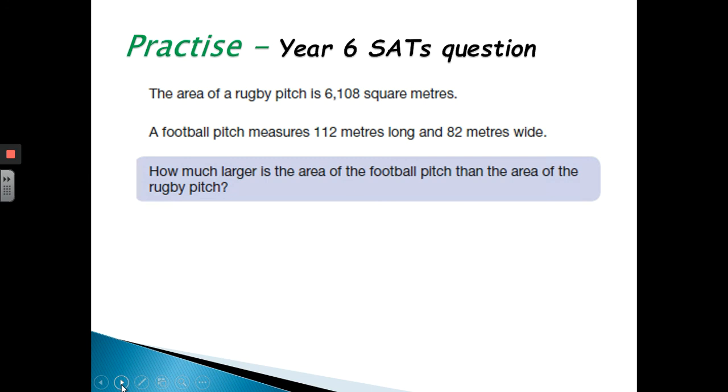That would bring me to a total area of 9,184 squared meters. And then I would find the difference from those. I've got my 9,184, subtract 6,108, which would leave me with 3,076 squared meters. Okay, so it's 3,076 squared meters larger.